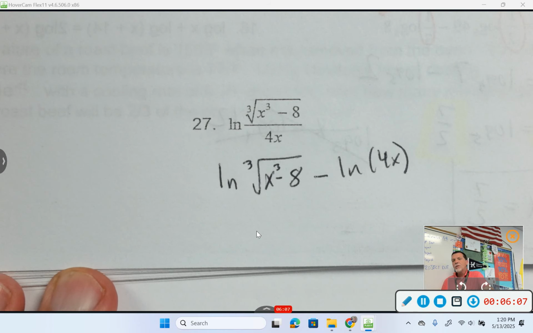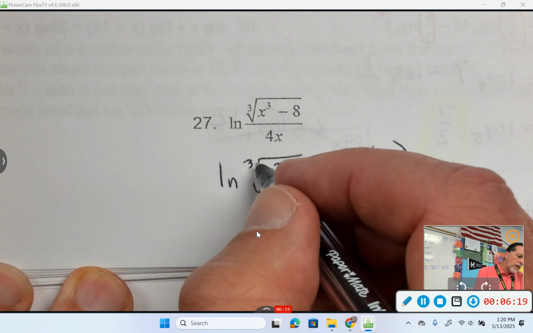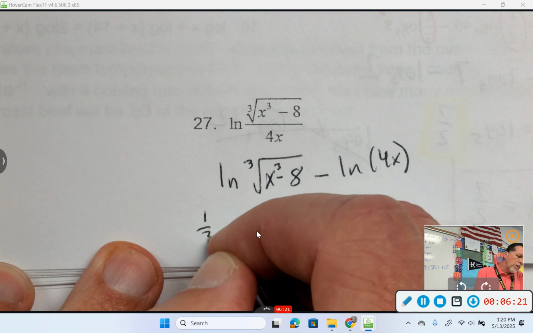That's not wrong, but it's not done. So what else could I do? I think there's two more things here. I can make it 1/3, because a cube root is the same thing as a power of 1/3, so I can bring that 1/3 out front.